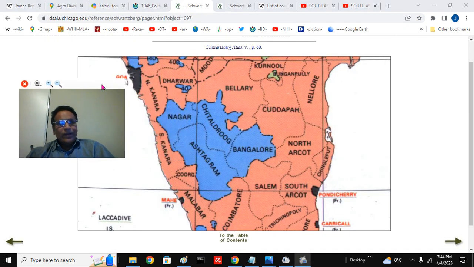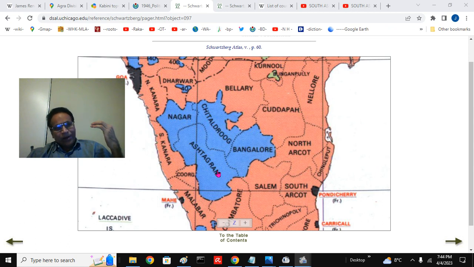Let's take for example the Wadiyar territory, the Mysore kingdom, the princely state. At the time when the British annexed it or made it a protectorate under young Maharaja Krishna Raja Wadiyar, there were only 4 districts: Ashtagram, Nagar, Chitradurga, Bangalore. If you remember these 4, later you can very easily comprehend the modern ones.